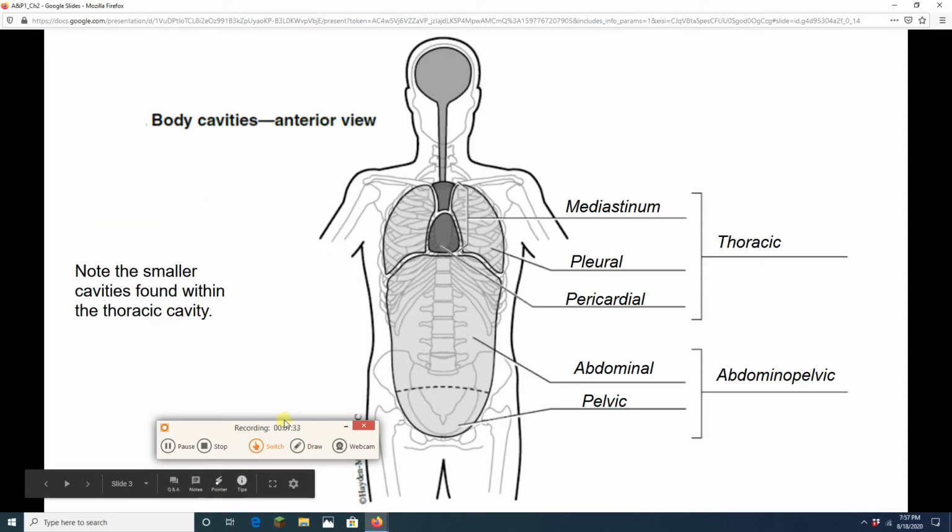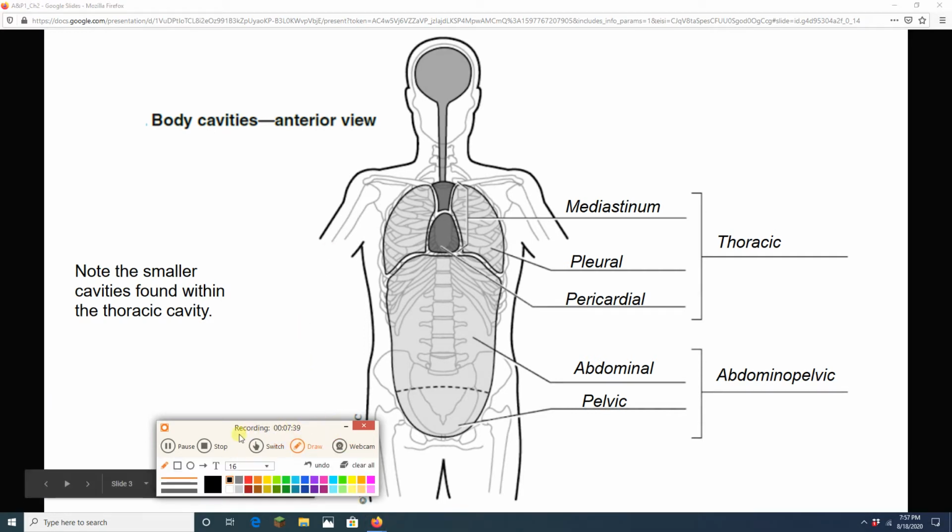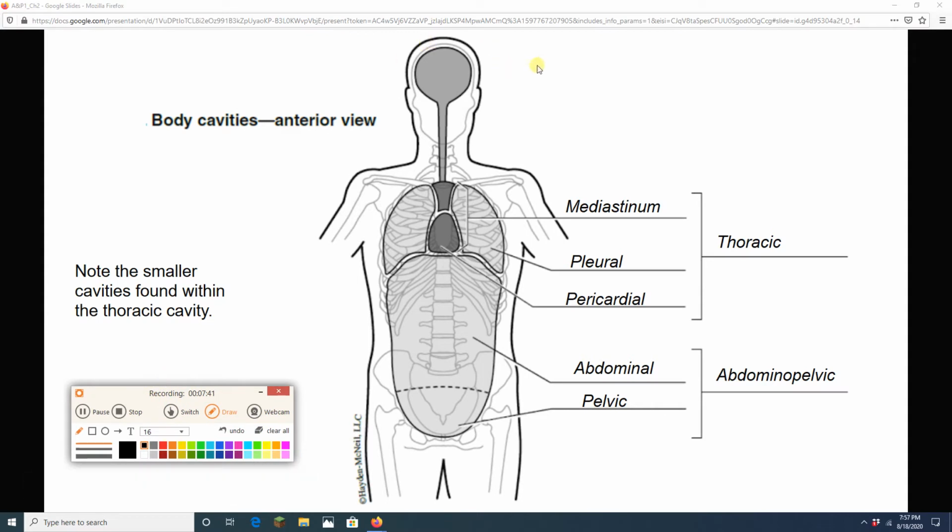If we take another look from the front now, we can still see some of the same cavities we saw before. I see the cranial cavity up here. I got the vertebral cavity right there, running inferior to it. And they kind of disappear because I can see the ventral cavities in the front now.